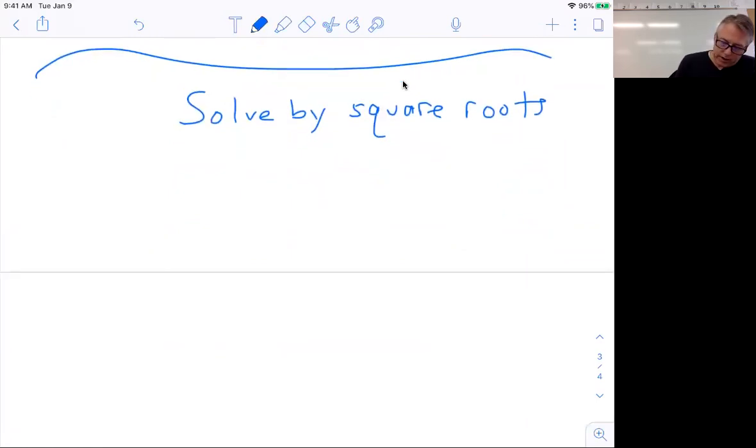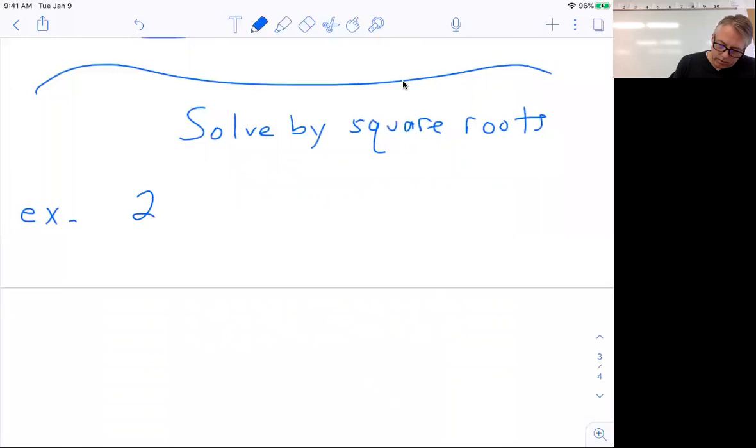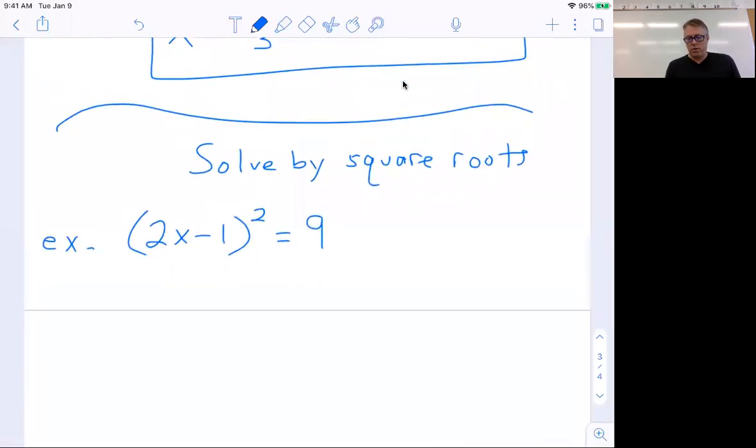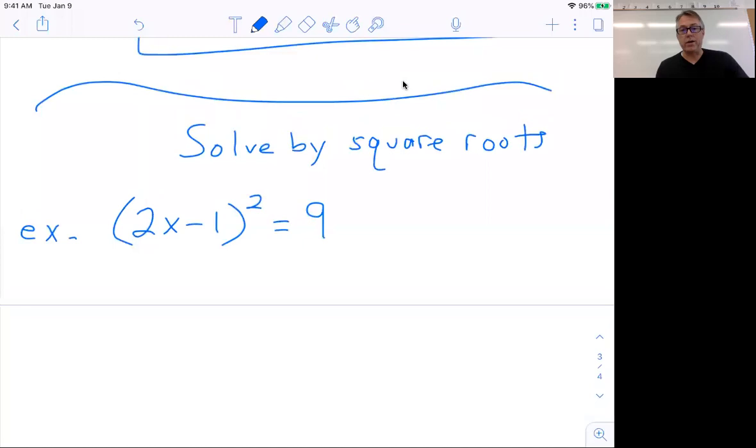So let's say I had 2x minus 1 squared. So the quantity 2x minus 1 squared is equal to 9. So this is another quadratic. So I have 2x minus 1 squared is equal to 9.